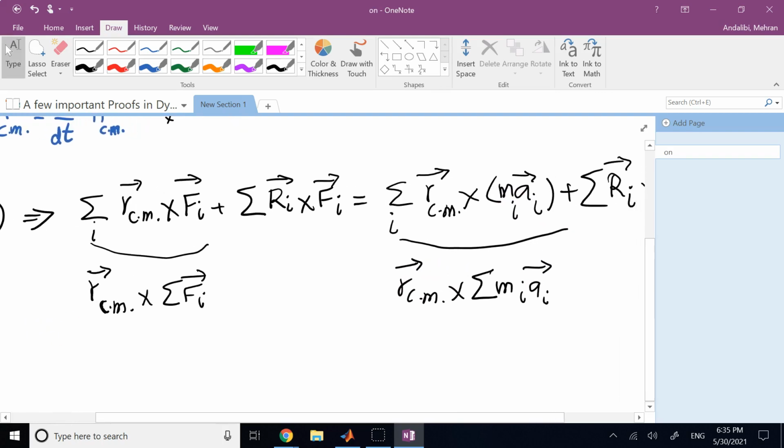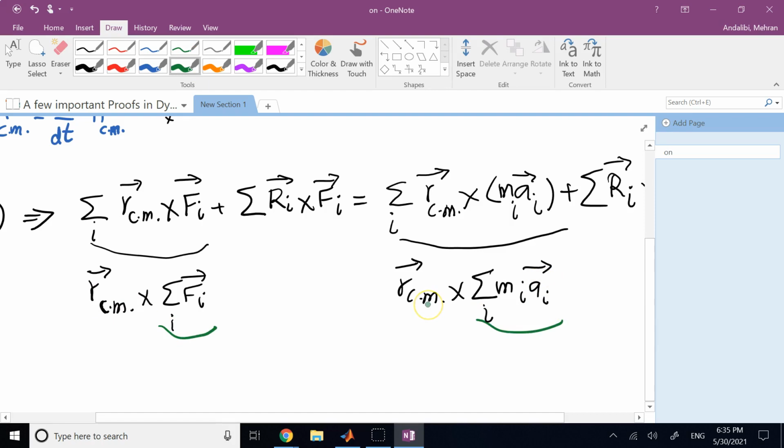And now, guess what? These two summations that you have in these two sides, they are the same thing, aren't they? Because for each particle, force applied to that particle is equal to its mass times its acceleration. Correct? So these terms that I underline in green, they are the same terms.